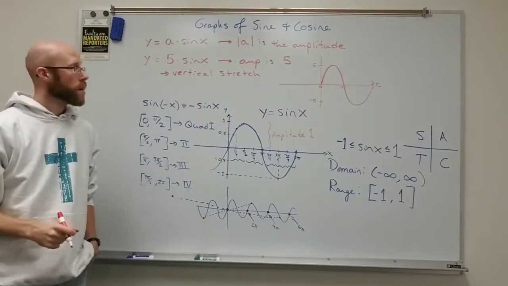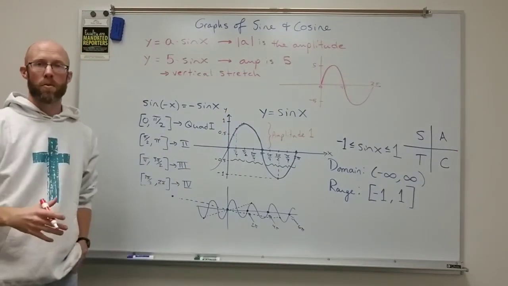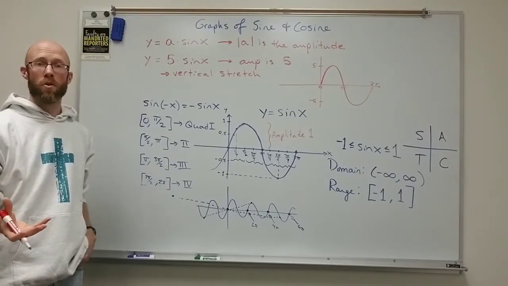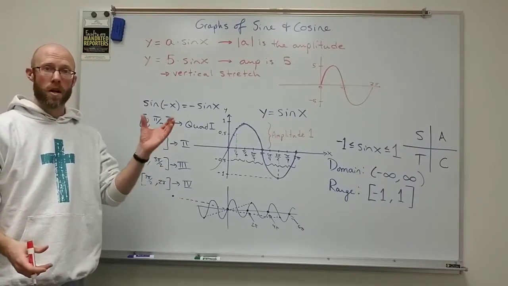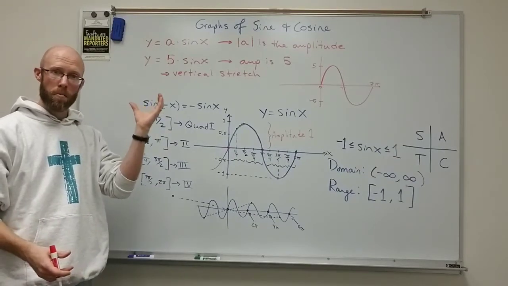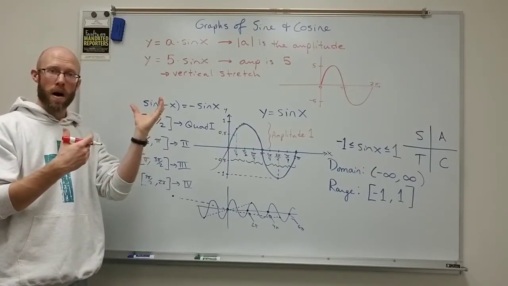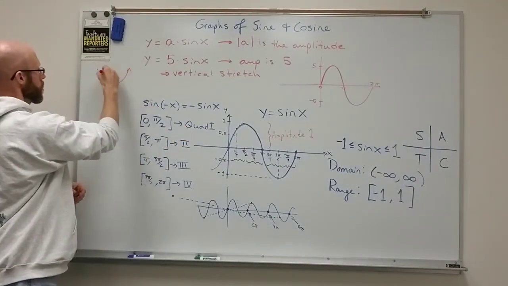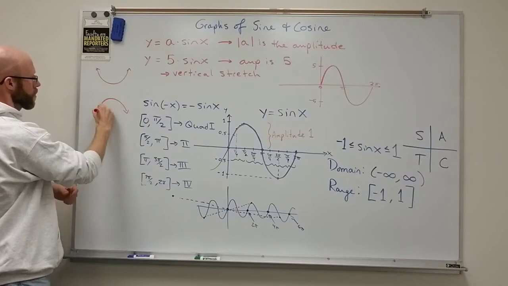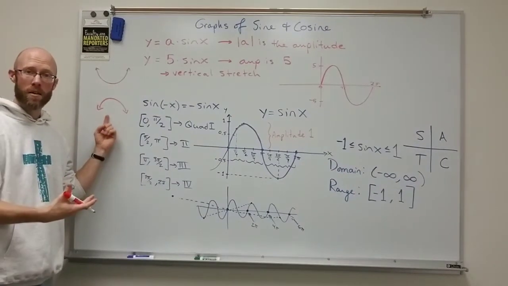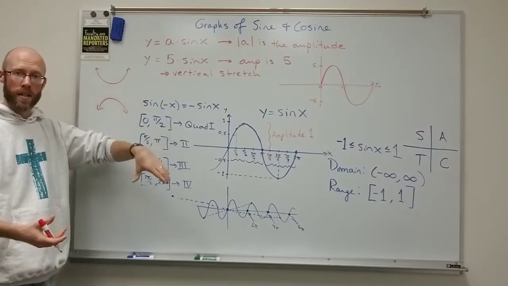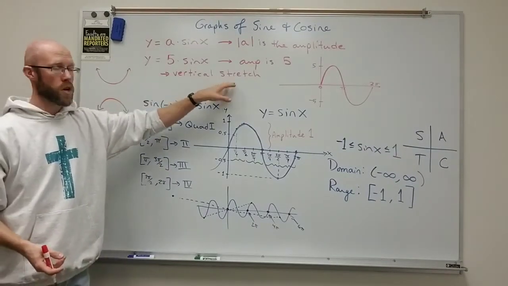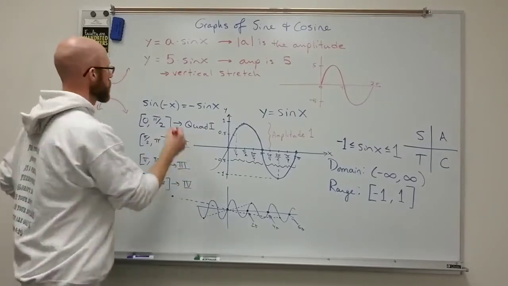Now you can also have what we call a vertical reflection. You may have seen this before with parabolas a moment ago. If you had a parabola opening up, its leading coefficient is positive. If the parabola opens down, it has a negative leading coefficient because you've reflected it across the x-axis. Well, here you can vertically stretch, and you can also vertically reflect.